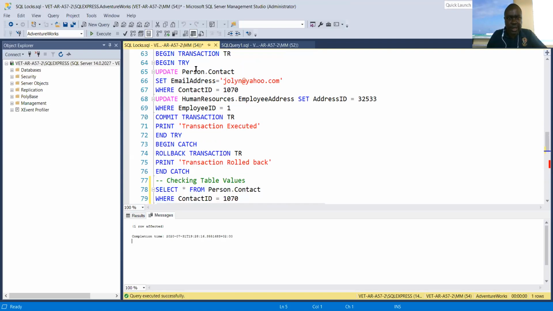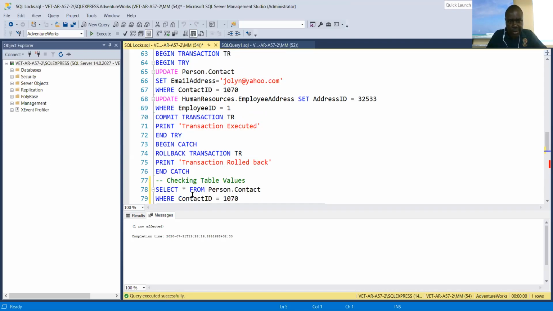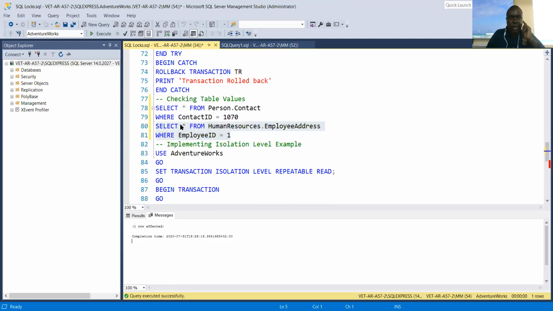Because we have set the transaction isolation level to read committed, if another person tried to make some changes before we reach this part and commit the transaction, the SQL Server is going to prevent them from updating the data that is being updated.